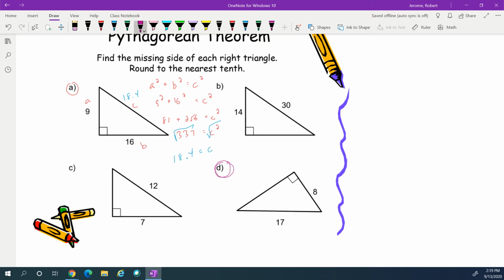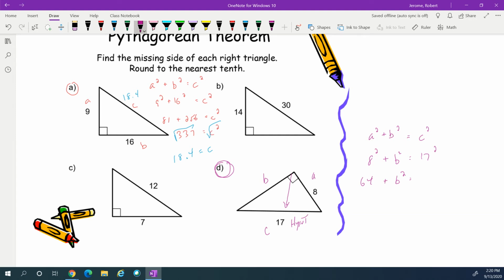Again, we have a right triangle. I need to identify the hypotenuse. That's my C. I have an A and I need B. And again, A and B can be switched. That doesn't matter. A squared plus B squared equals C squared. I have an 8 squared, B squared, 17 squared. 64, 17 squared.